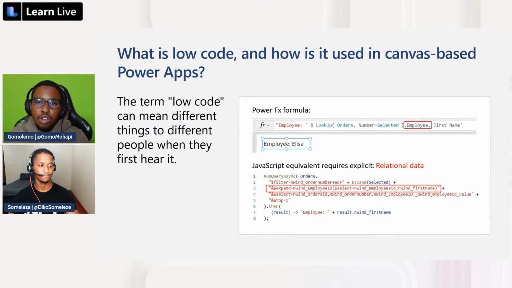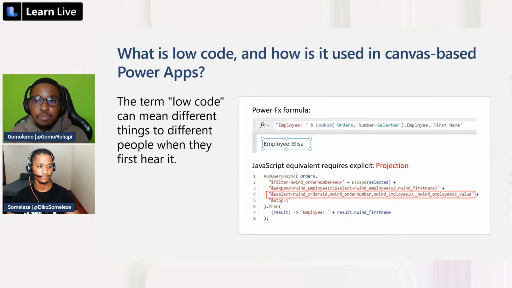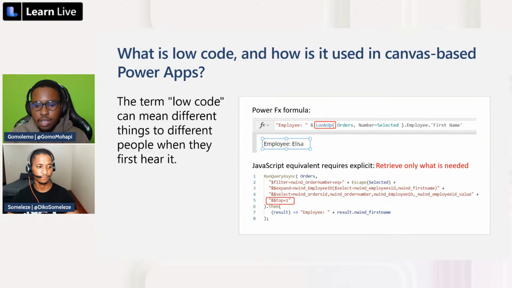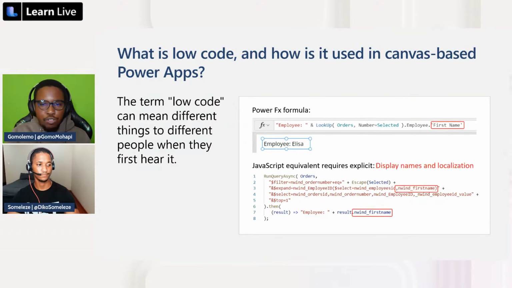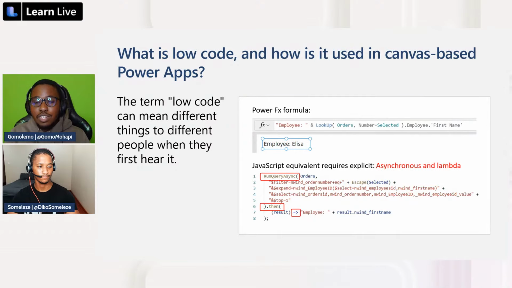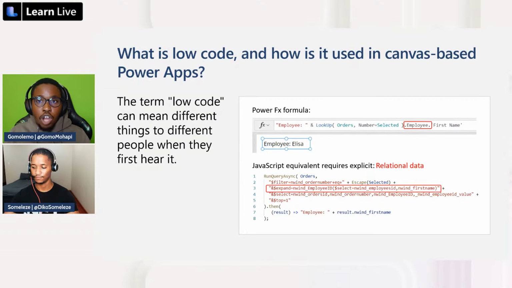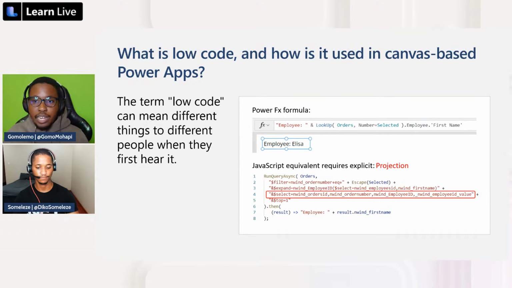The term low code can mean different things to different people when they first hear it. But what we actually mean when we talk about low code is tools like Power Apps where you only need to write a small amount of code to get the same results that would normally take several hours when you are writing lines of code in traditional programming languages.